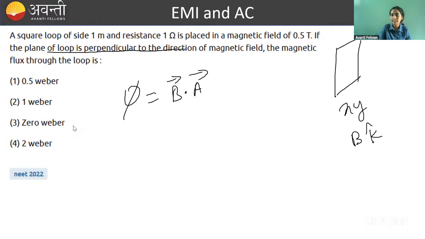Let's say it is in K cap direction. The question is like this, right? So the area vector will be what? Perpendicular to the XY plane, that is along K cap or minus K cap. So the angle between B and A is 0 degree, right? So you will be writing BA cos 0, or whatever the value of B is, put it and you will get the answer.